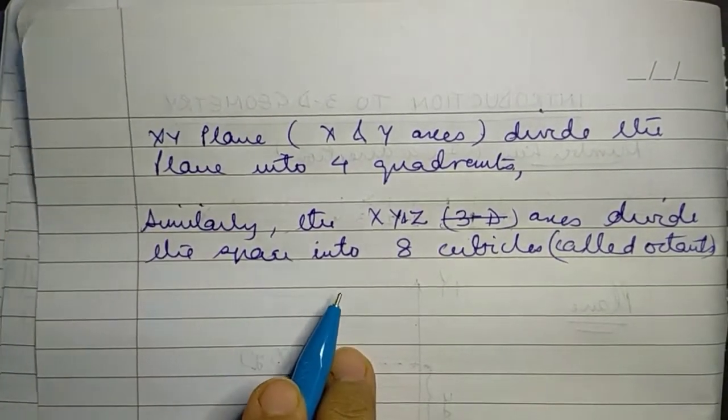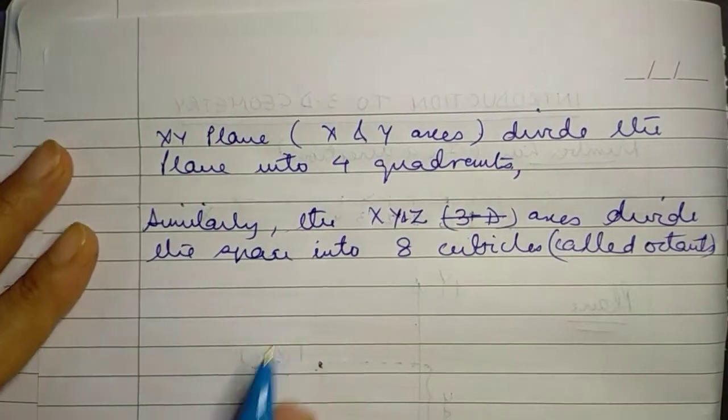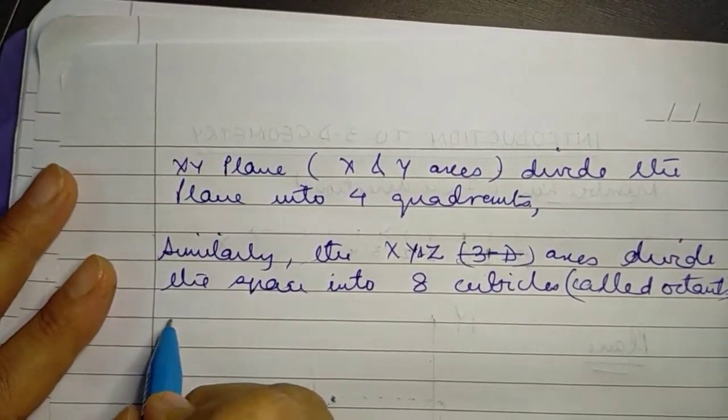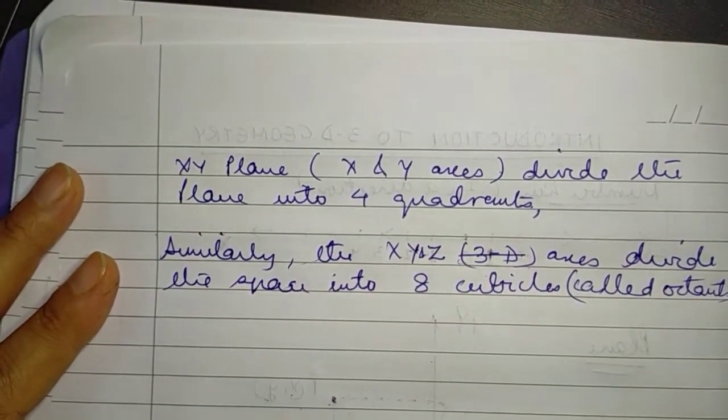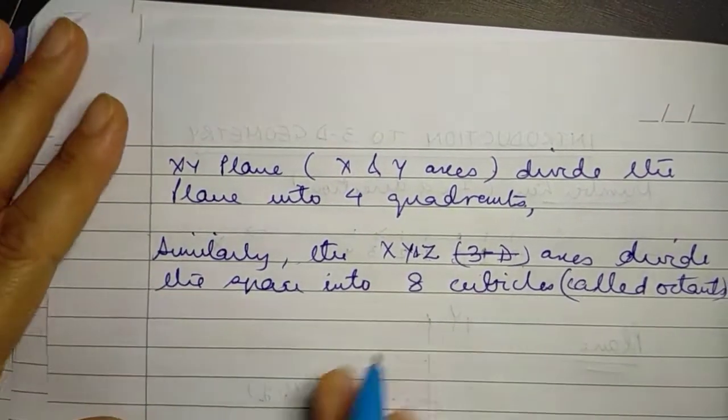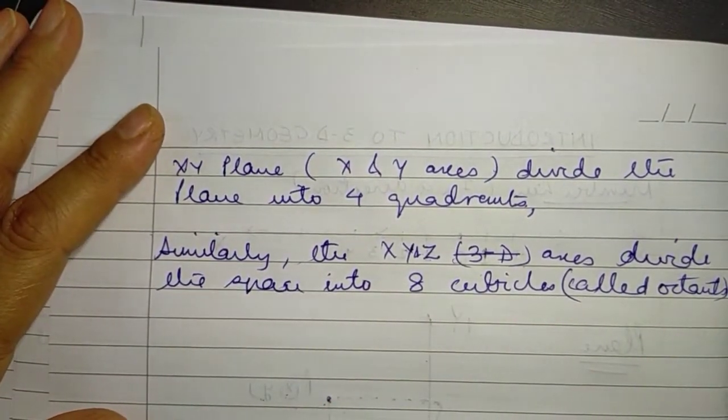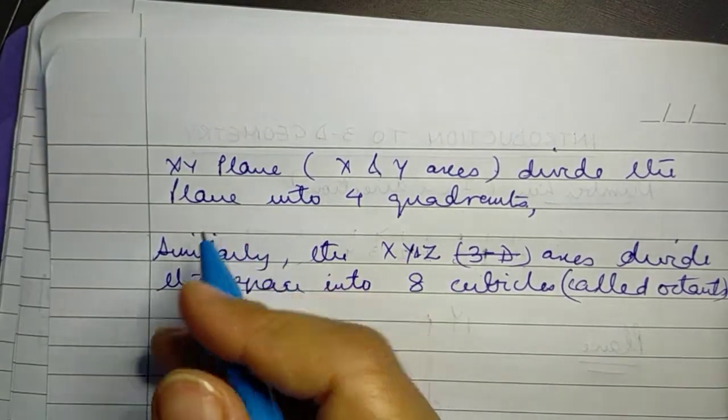So there are 8 octants: 4 octants above one plane, and 4 octants just below that plane.